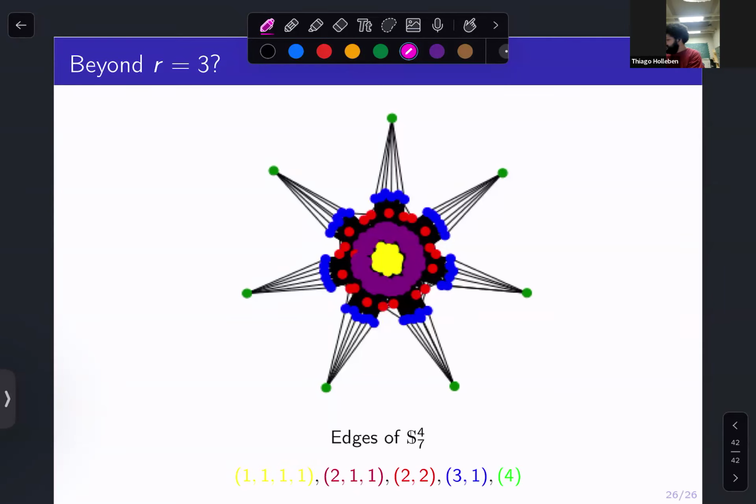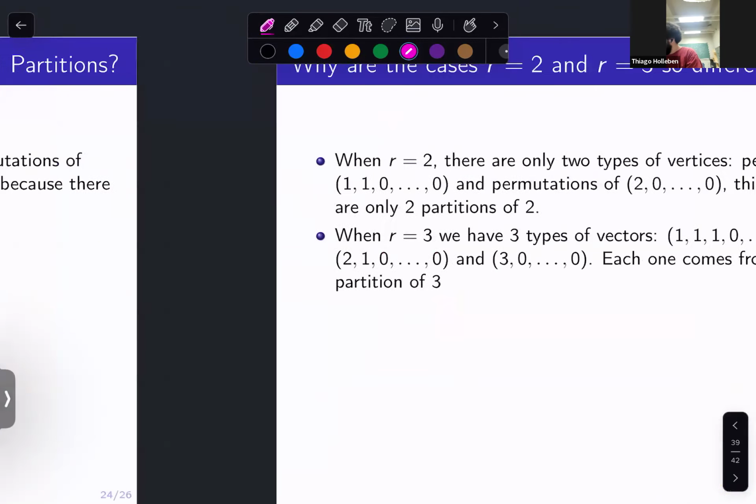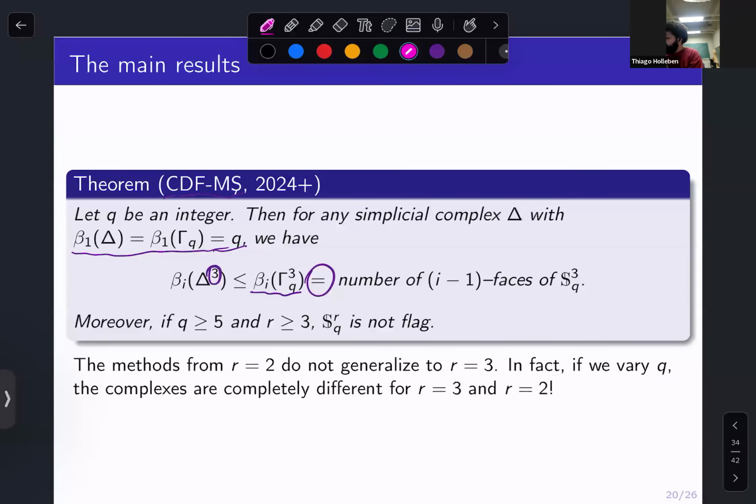Just before I finish, this is the end of my slides. I just wanted to point out that I focused on one part of the proof. I focused on what this complex, S3Q, is. But to actually prove the equality, you need to use other methods.